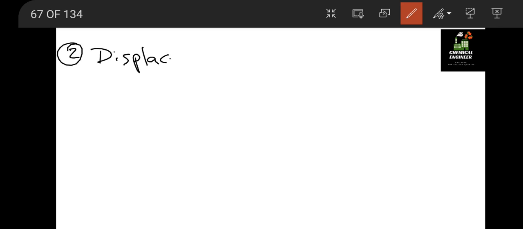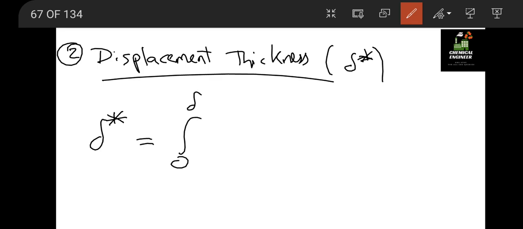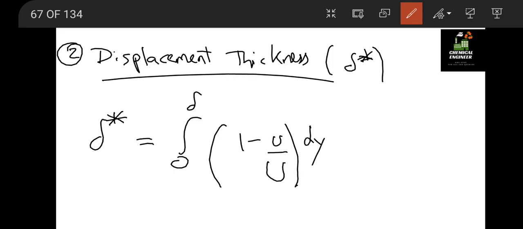Second is displacement thickness. Displacement thickness is given by delta star. Okay, so delta star is defined as integral 0 to delta of 1 minus small u by capital U into dy.